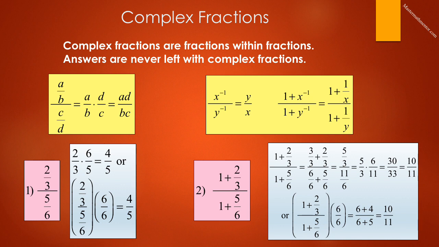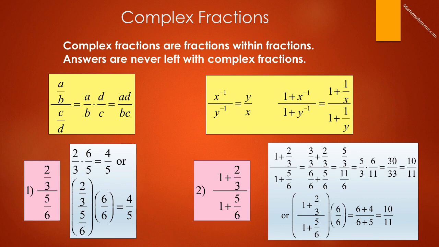Adding up, we get 5/3 over 11/6. And now we can invert the denominator and multiply, getting 5/3 times 6/11. We get 30 over 33 and 10 over 11. However, the recommended method is to multiply every term by the LCD.